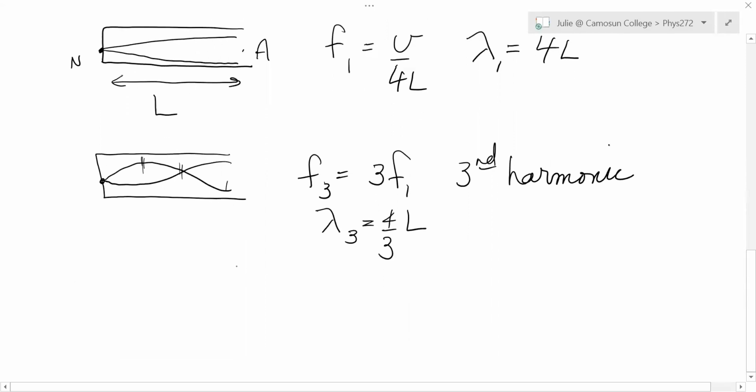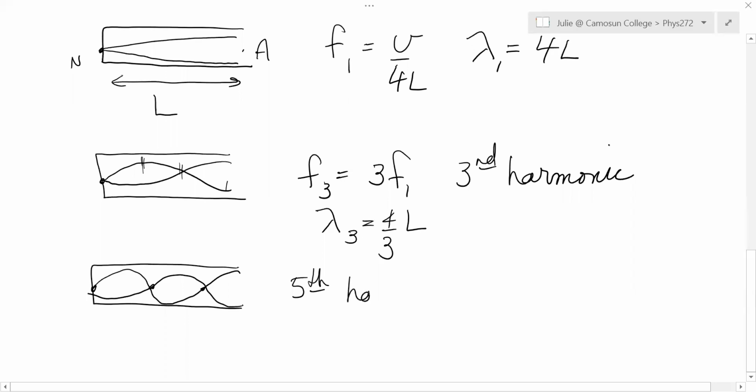Okay, and then the next picture, it's the 5th harmonic. So you add another node, 1, 2, 3, join them up. And this would be the 5th and the 7th and so on. And there is no 2, 4, 6. Okay, and so f5 is still 5f1.